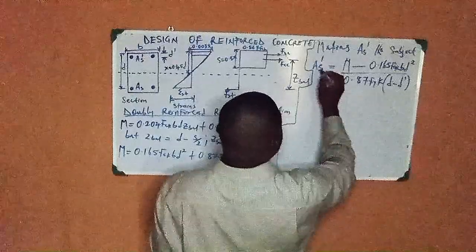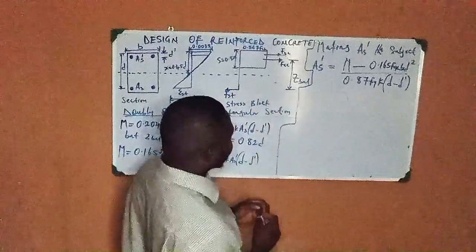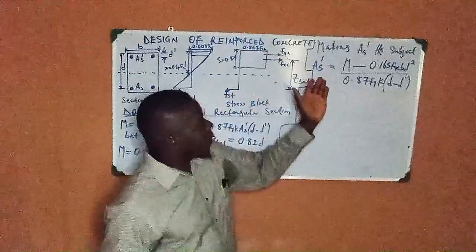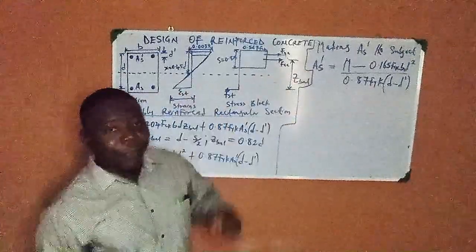So this becomes the formula to compute, or to find, the area of steel in compression.